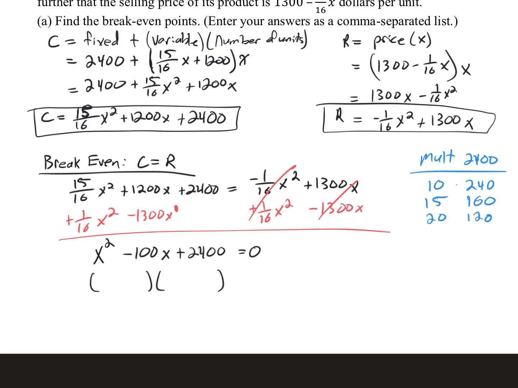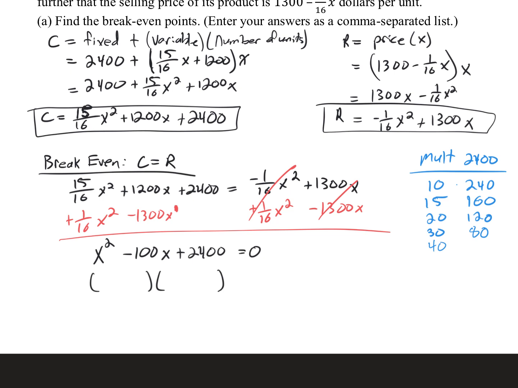Now this is a really tempting answer because if I make the 120 negative, they actually add up to be negative 100. The problem is if 120 is negative, they don't multiply to be a positive number, so it's tempting yet unproductive. Let me go ahead and jump to 30 next. And we know that 30 times 80 would be 2,400. That still doesn't add up to 100, so we continue on.